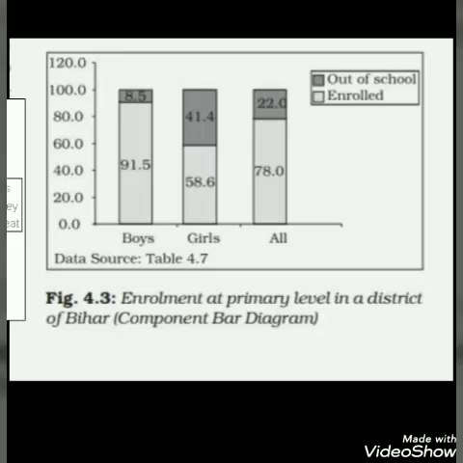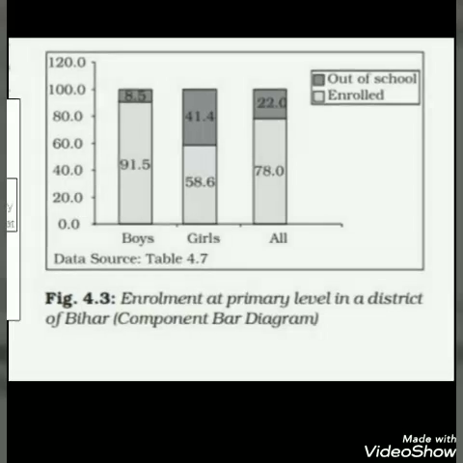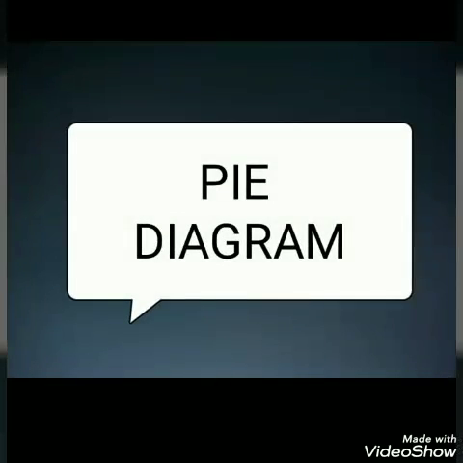In the second one, out of 100, 58.6 are enrolled and 41.4 are out of school. For the total category, out of 100, 78 are enrolled and 22 are out of school. So the compound bar diagram works according to 100% of the data.